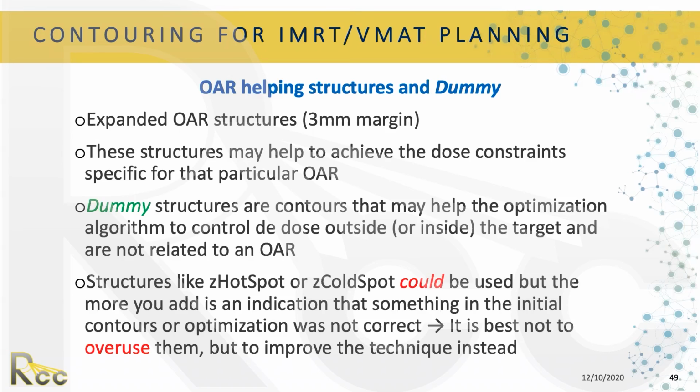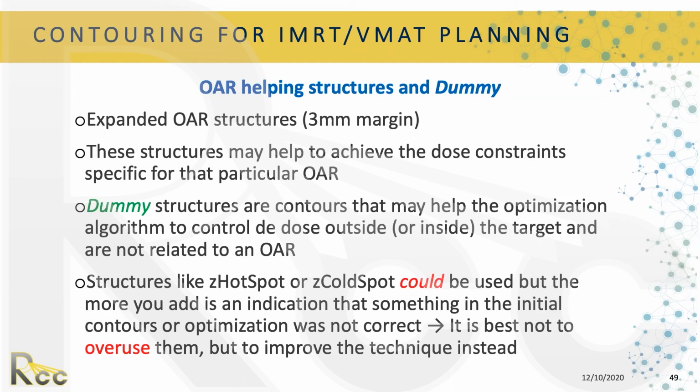Then I mentioned that we also have OR helping structures, we call dummies. So OR helping structures, in addition to the expanded OR structure that we said 3 mm in general, these dummy structures might help the optimization algorithm to control the dose outside or inside the target.